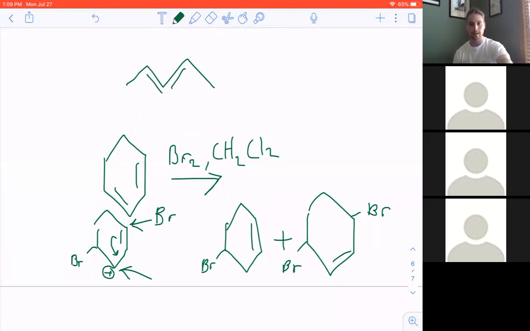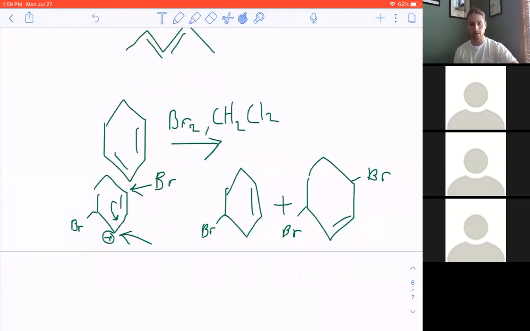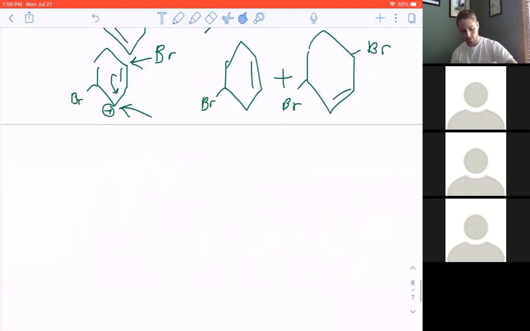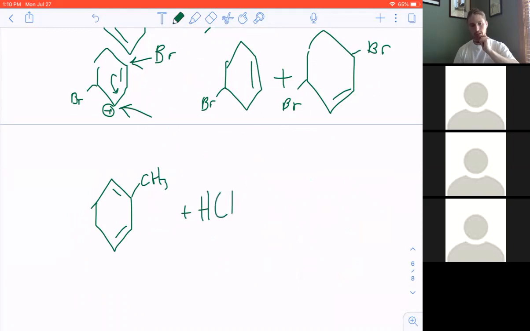The next question asks for the kinetic product of the following. Remember, the kinetic product is what's favored when you don't have rearrangement, so at a lower temperature. This problem had this compound here, and it was treated with HCl. It wants to form the carbocation at the most substituted position, which in this case would be right here.